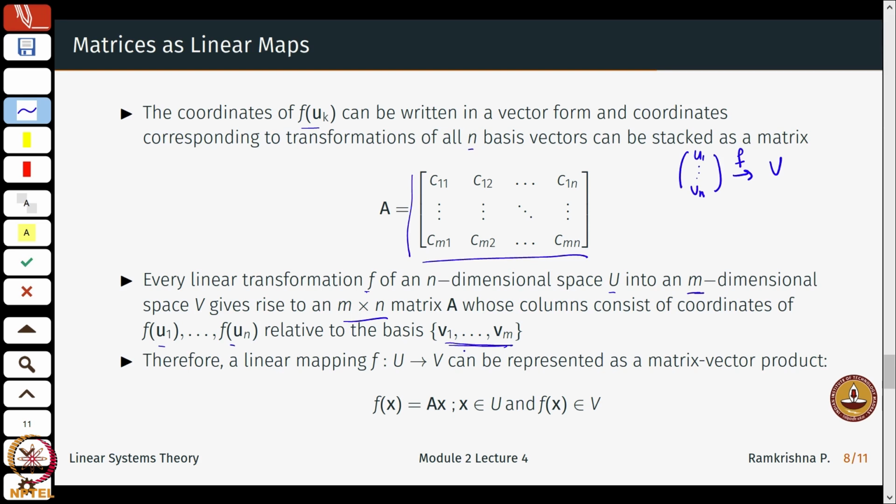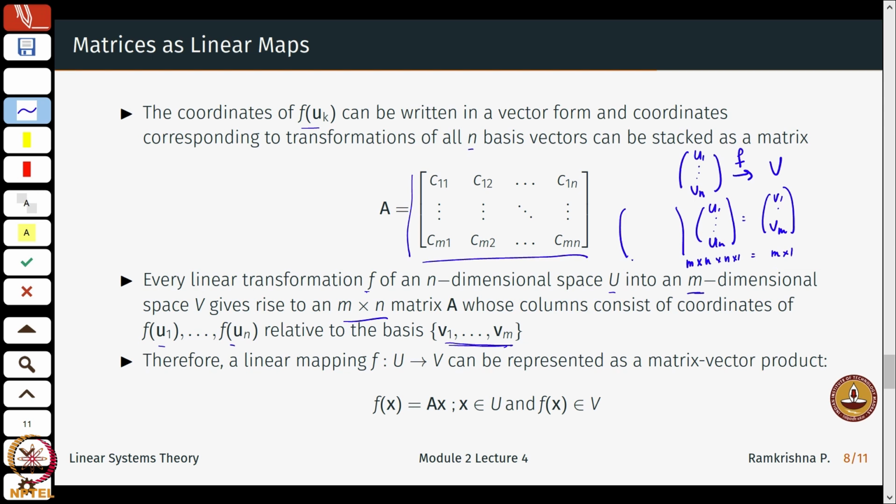So I will have u1 till un, and the f here is a matrix that should give me v1 till vm, and therefore this is an m cross n matrix. So, m cross n multiplied with an n cross 1 vector will give me a vector of dimension m times 1, if I just match the dimensions.